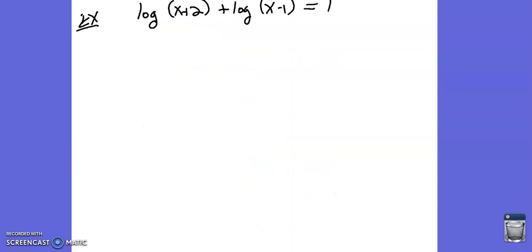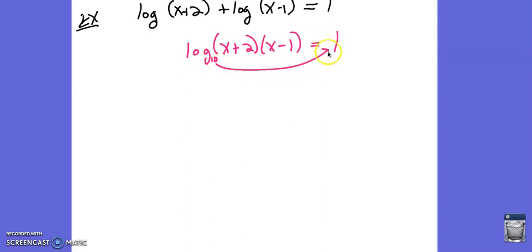So here I have a log, and again I'm adding the two logarithms, so that means I'm going to combine them together. Now this next step is the crucial part. Remember the base here is 10, and so literally I'm going to do 10 to the 1st power equals this.